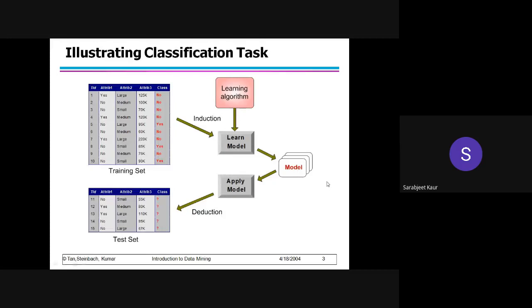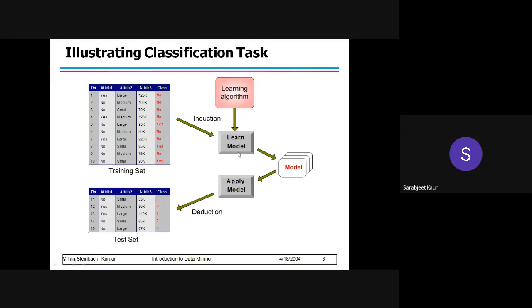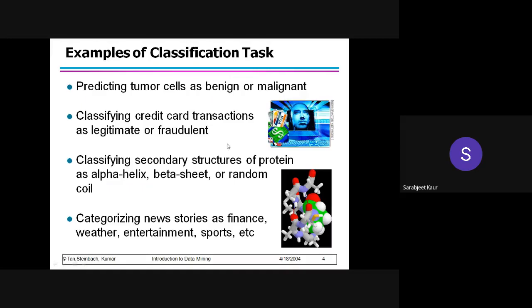So one decision tree, for example, is a model that can be used to do classification, right? So we are now in this phase where we are looking at how to learn, or I can say construct, a decision tree, right? So we are looking at the induction stage.